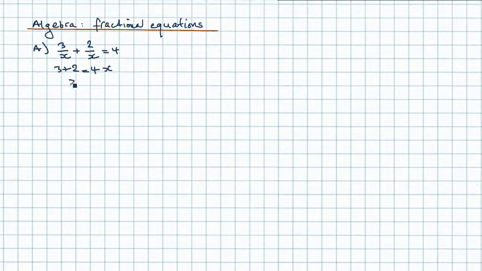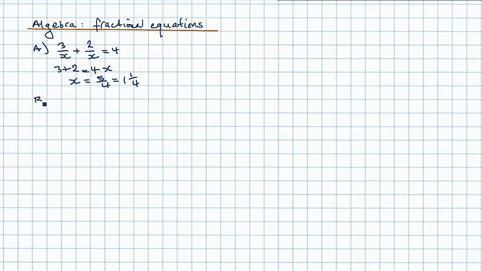Therefore, x equals 5 divided by 4, which is 1 1/4. So hopefully that was a pretty straightforward calculation for you. If not, go back to previous videos and have a look at how to do this.